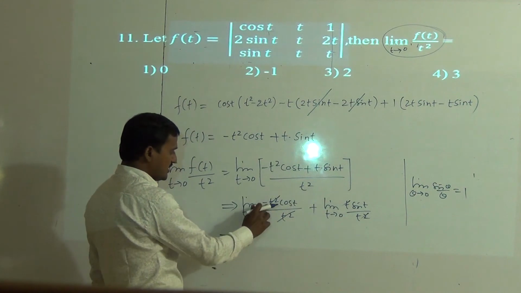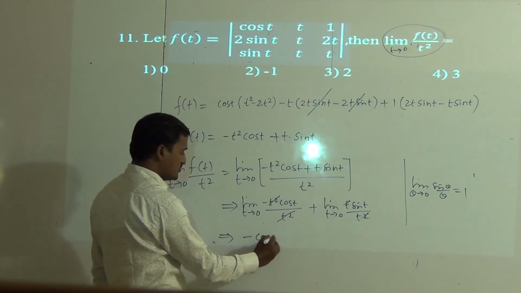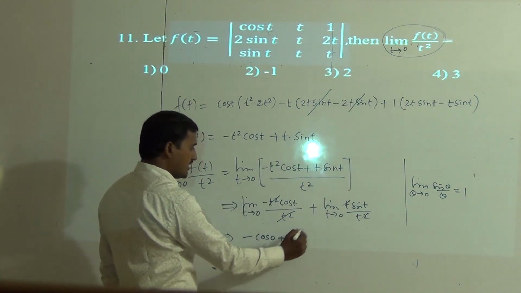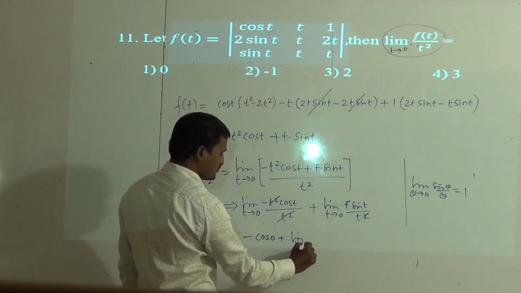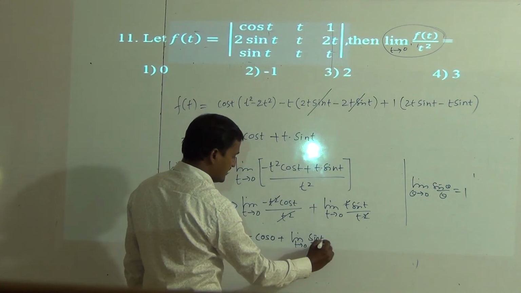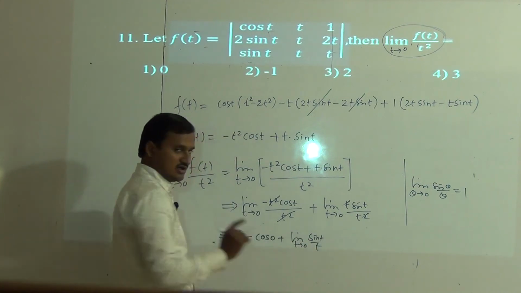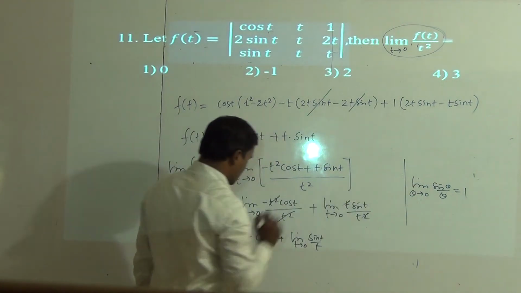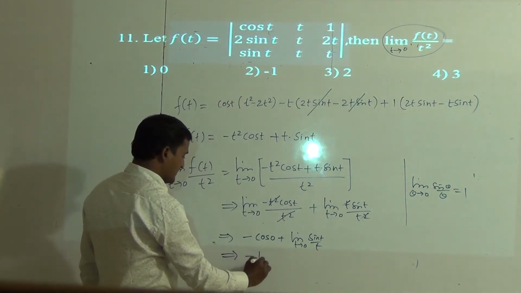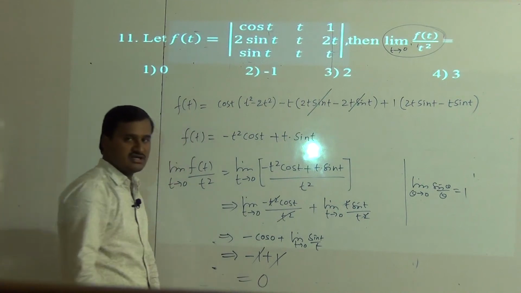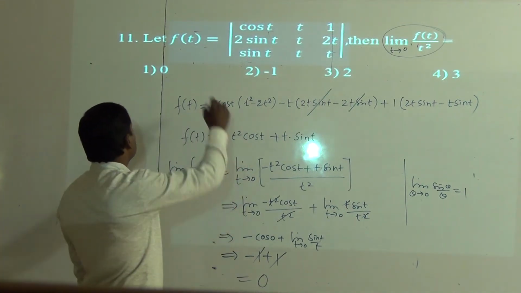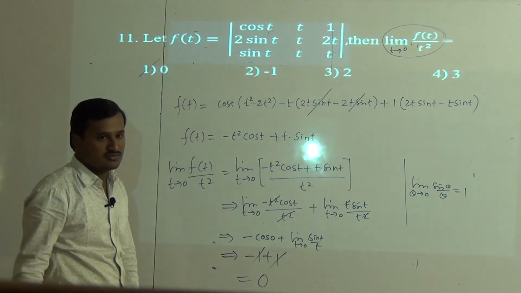So here I got minus of cos 0, and here it is limit t tends to 0 of sin t by t. What is the value of this one? 1, by using this formula. So clearly it is minus 1 plus 1, so the minus sign and plus will get cancelled. What is the answer? 0. Therefore which option is the right one? Therefore the first option is the right one.